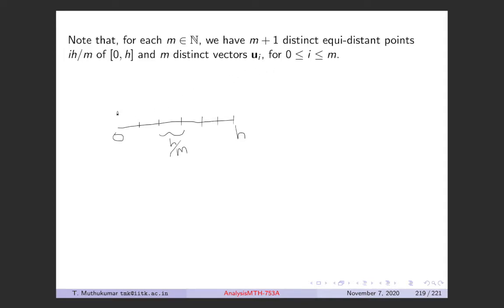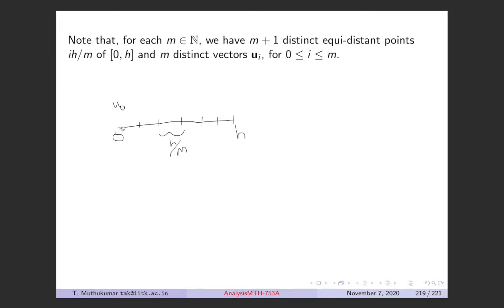So what we do, and the original problem tells you the value of U at 0 is U0. So we have a value U0 taken at 0. What we are going to do is give the value Ui, each of these Ui, and distribute them on these endpoints.